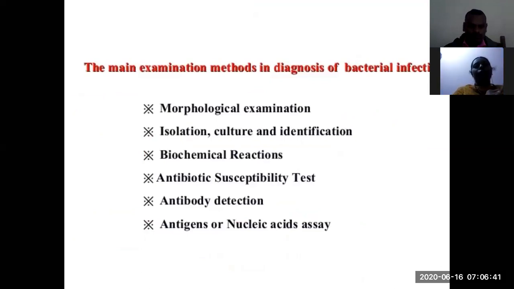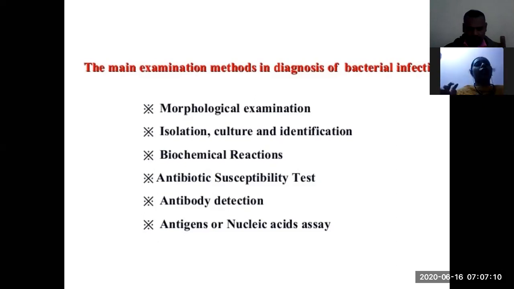From that flowchart we have classified here the methods for diagnosis of bacterial infection. Number one, the specimen collected can undergo morphological examination, to see what the morphology of the bacteria is, so that we know which bacteria has infected our body and what disease there is.